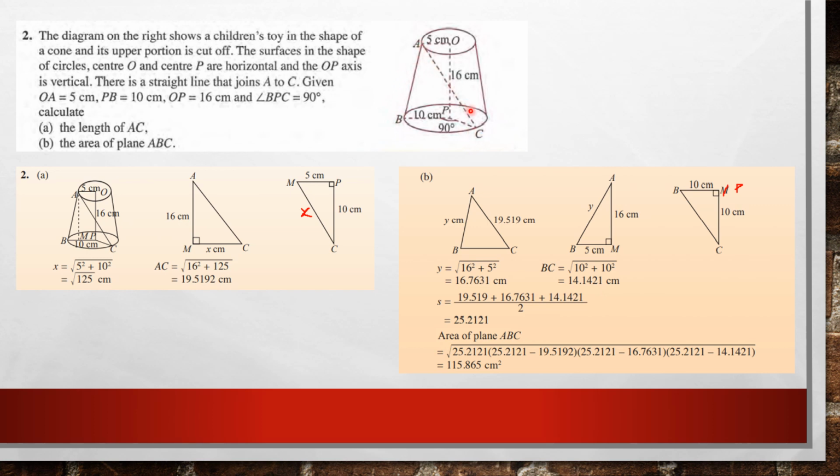You know the length of AC that we found in part A, 19.519. Then you know the length of AB that you found just now, 16.7631. Then you know the length of BC, that is 14.1421. So you find the semi-perimeter, then use Heron's formula. You will get the answer 115.865.